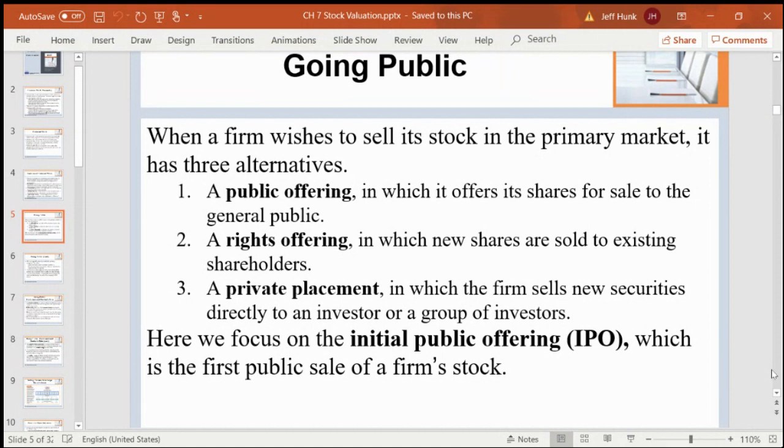So if they don't want to risk that chance of stock price dilution, they would first offer it to the existing shareholders, right?